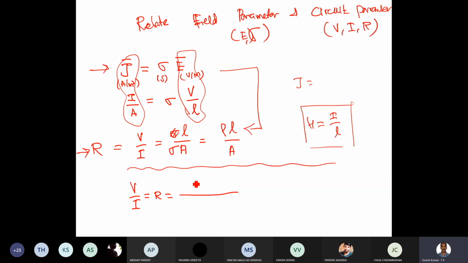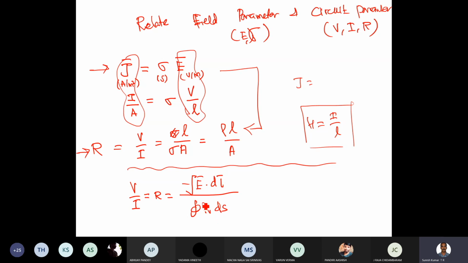You know the electric scalar potential is related to the electric field by V equal to E vector dot dl vector. And how can you relate the current to the current density? I equal to J dot ds.